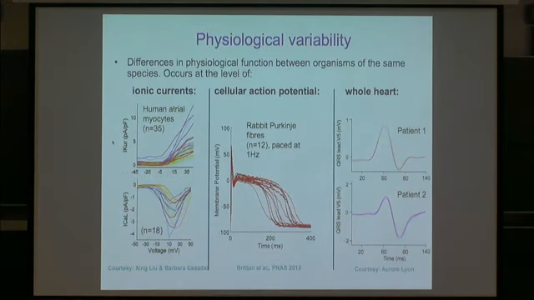And finally, a little bit more about physiological variability, which will be now the first part of my talk. Here are ionic currents in 35 different human patients. This is just for a potassium, and you see that they're very different. Here is the action potential in rabbit Purkinje fibers, so different rabbits.